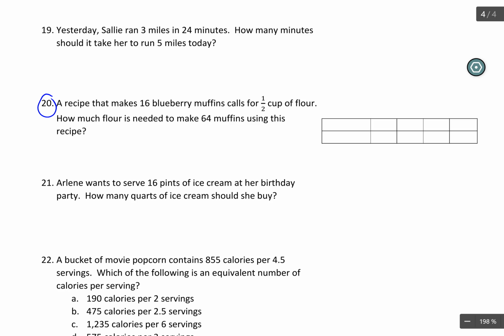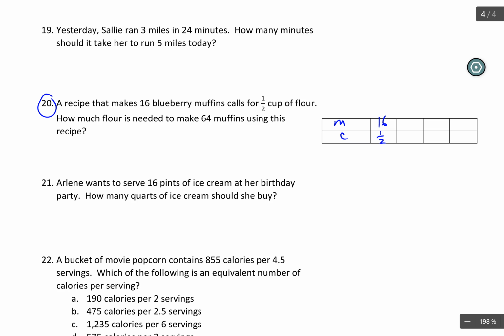How much flour is needed to make 64 muffins using this recipe? We're comparing muffins to flour, or cups of flour, and I'm going to use C for cups. So we put our labels, and then we have 16 muffins every time we have 1/2 cup of flour.